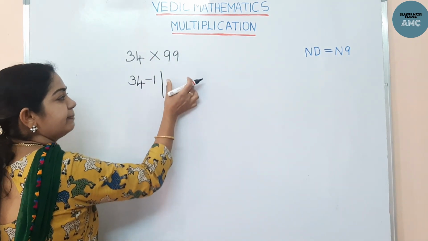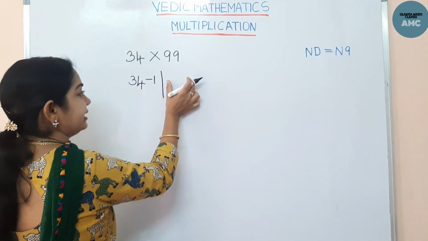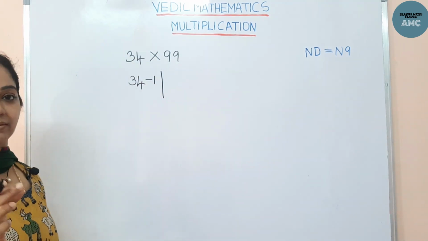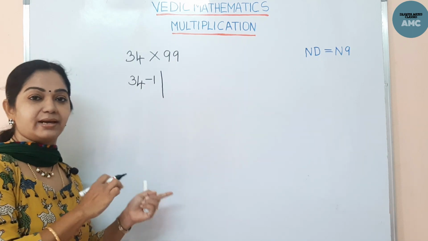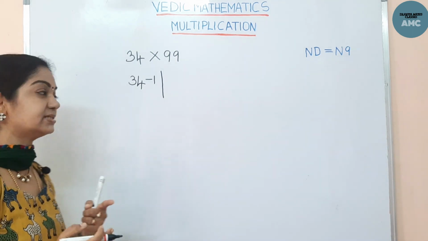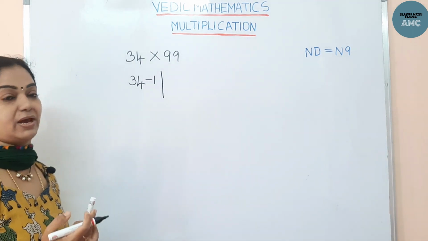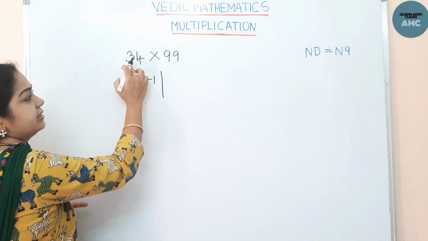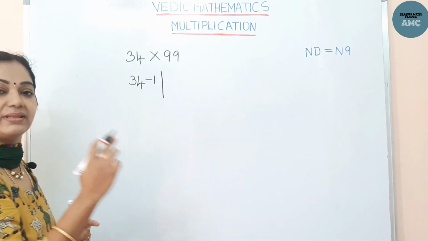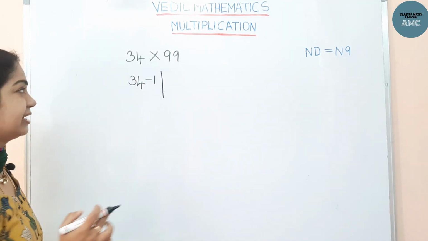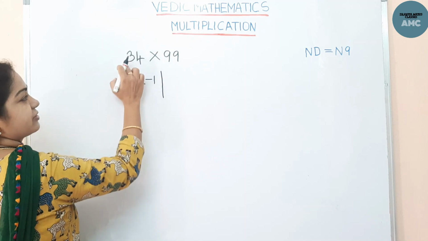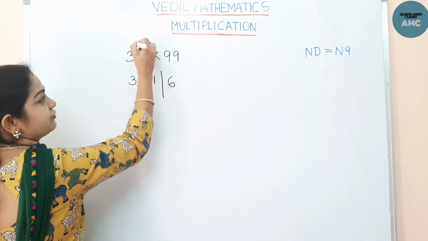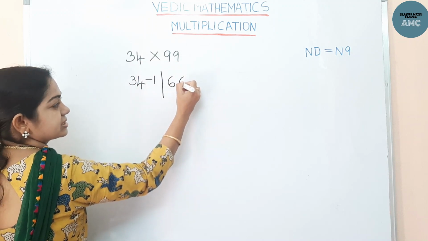And the second part of the answer, the product, is where we do Nikhilam Navatashcaramam Dashatah. That means all from 9, last from 10. We have learnt it, isn't it? When we were doing the subtractions. All from 9, last from 10 means we subtract the digits from 9, but the last digit we subtract from 10. So 9 minus 3 comes to 6. The last digit from 10: 10 minus 4 is 6.